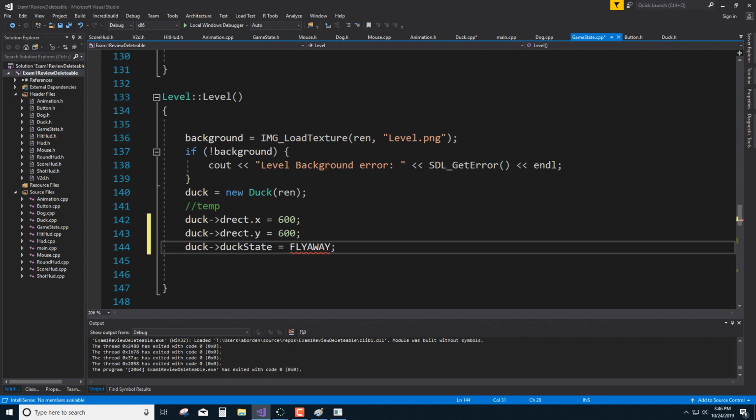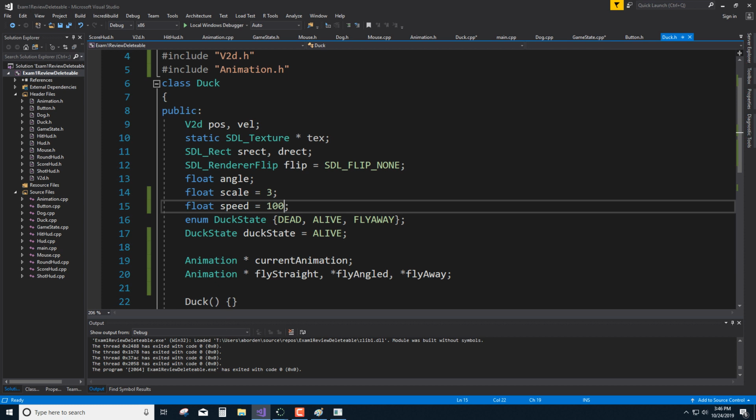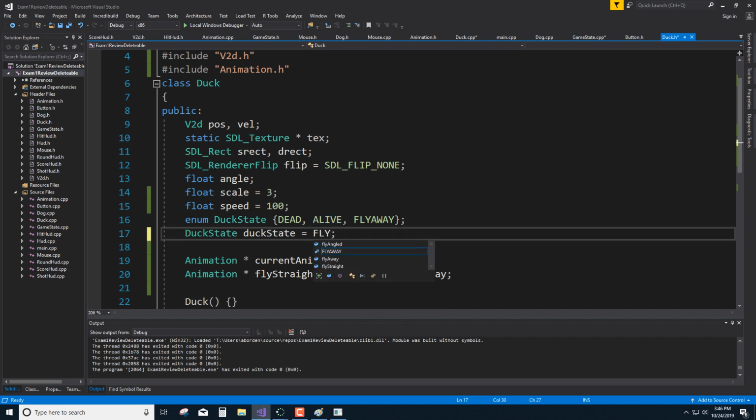Oh, it can't see fly away because that's part of the duck. All right, we can test that somewhere else though. We can scrap that right there, and we'll go back to the duck and change that to fly away.